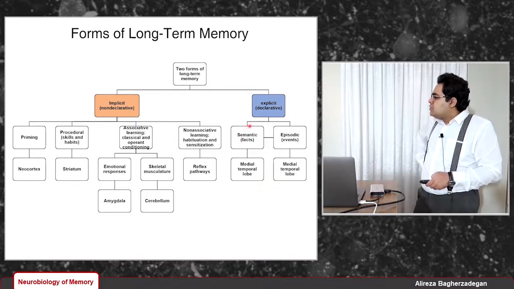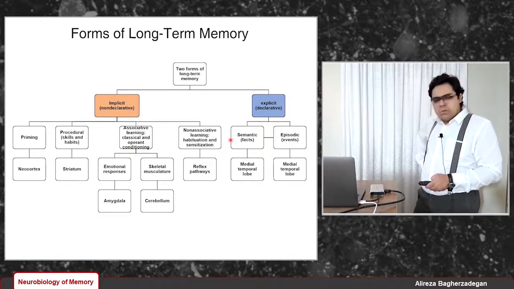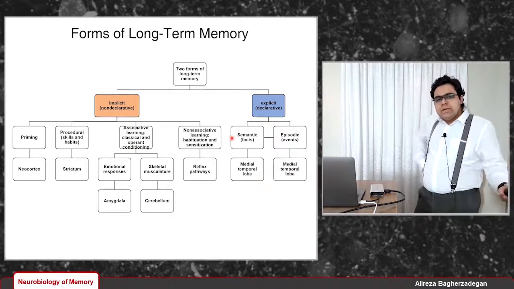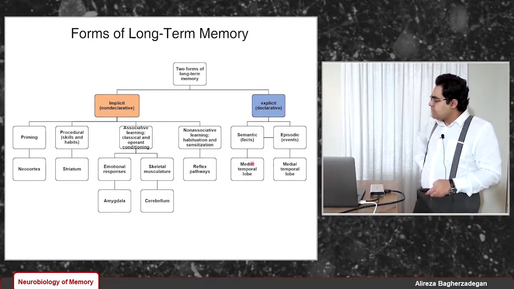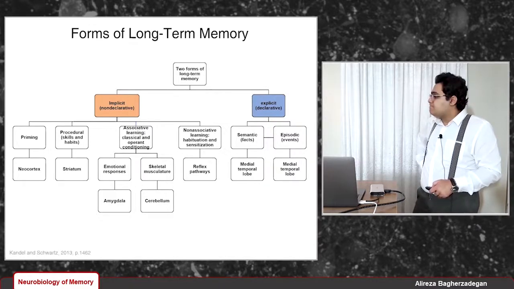There are two general forms. There's an episodic one, related to events and experiences. And there's a semantic one related to facts, such as the definition of a word, or names of places or people. They're controlled by the medial temporal lobe, as well as the hippocampus. The hippocampus also plays a very important role in explicit long-term memory.